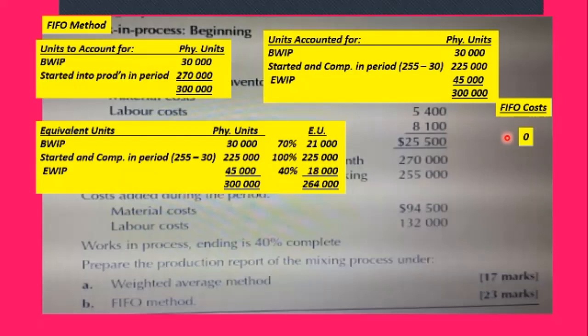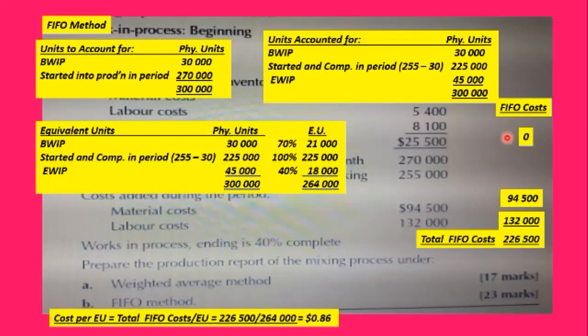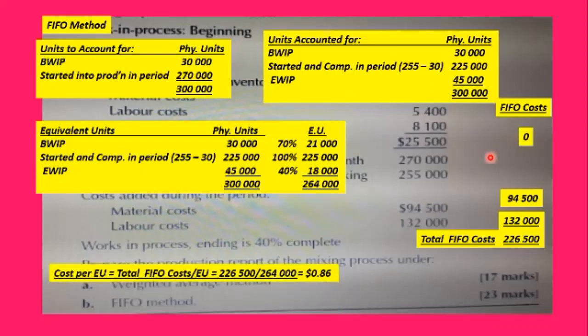So we take the 94.5 and the 132,000 for the materials and the labor. We add them up, we get the total FIFO costs. And we divide that by 264,000, and 26,500 divided by 264,000 gives us 86 cents per unit.